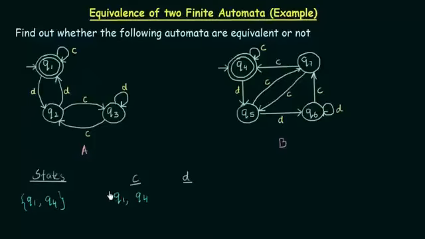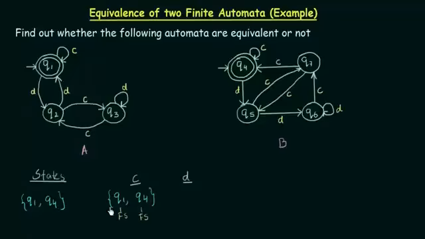This is the pair of states that we get, and if you notice, Q1 and Q4 are both final states. If you find that the pairs that we obtain are both final states, then they are equivalent. So far we are finding that these automata are equivalent.